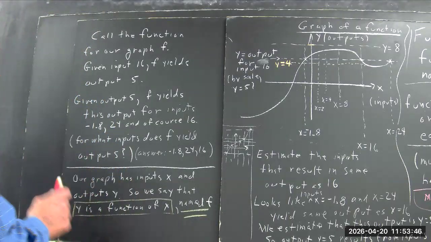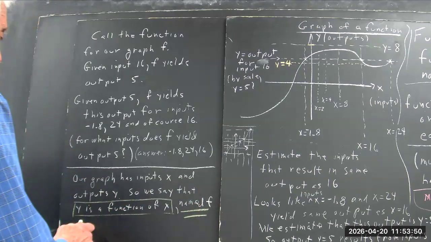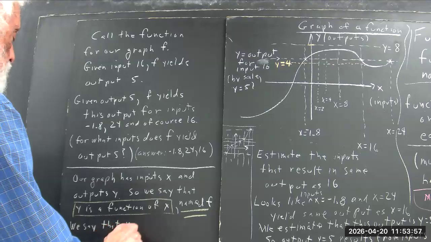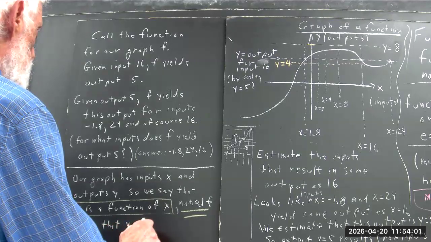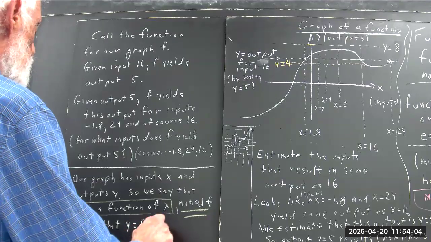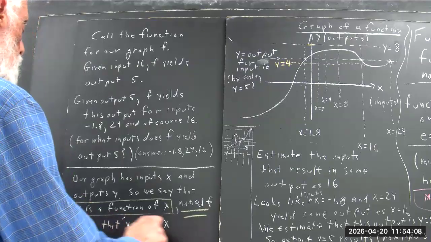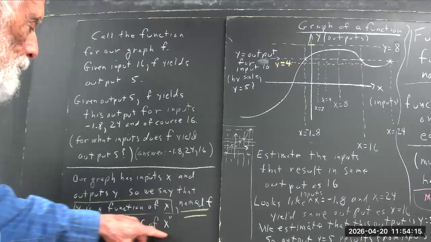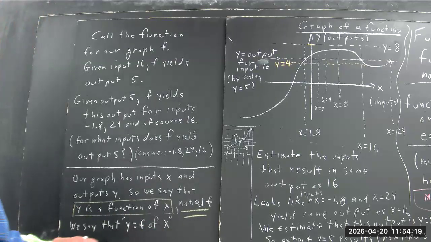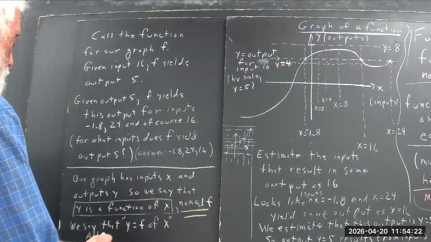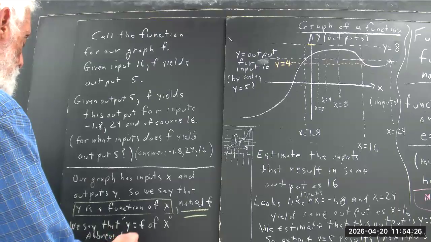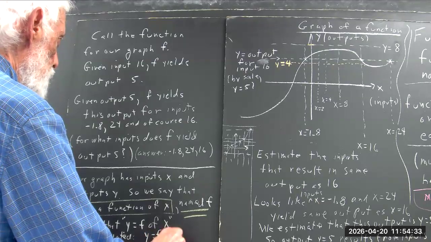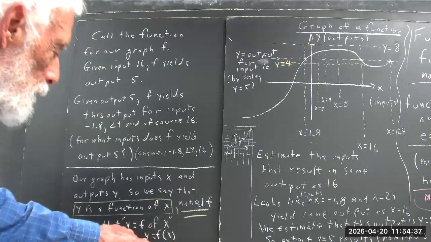We abbreviate the statement Y is a function of X named F by saying Y equals F of X means F takes inputs X, gives you outputs Y. Abbreviated, we'll say Y equals F parentheses X. So that X is something you put into this function.